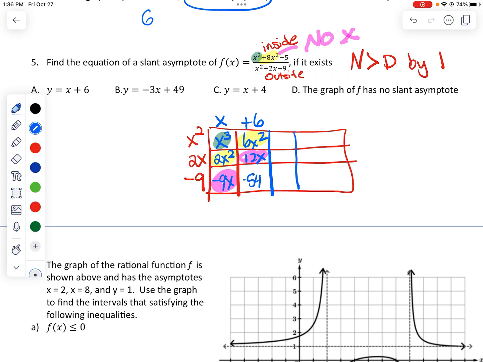So to negate that 3x, this would have to be negative 3x. And then number-wise, there's a negative 5. Well, I have negative 54. So what would go there to add up to negative 5 would be 49. Now, I can't turn x squared into this, so that's our remainder. And our equation for the slant is just what's right on top here, x plus 6.